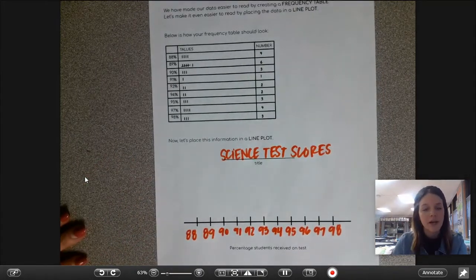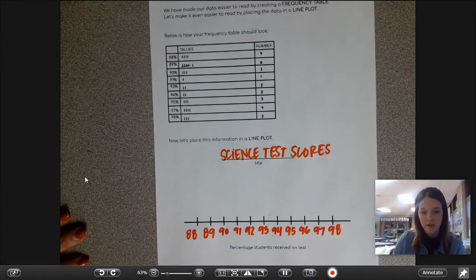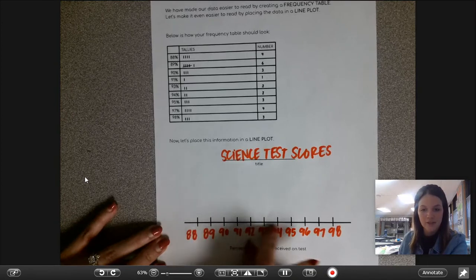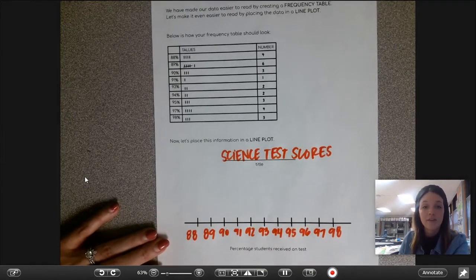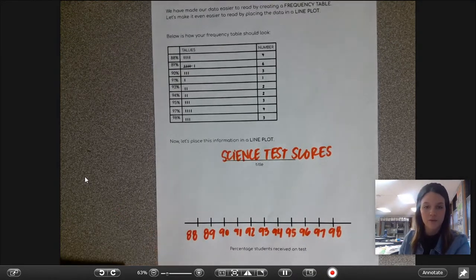Okay, differently than how we made the frequency table, I actually did go ahead and place all of the percentages in order, like this 92 and the 96. Even though I didn't have anybody that scored those percentages, it's nice to see it on a graph to understand that nobody scored those in case we have to answer questions about that later.